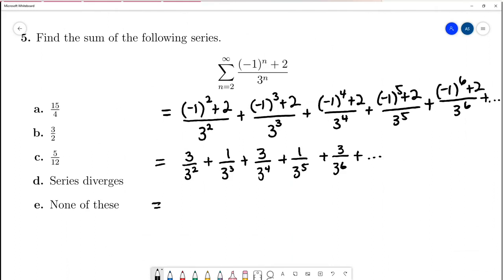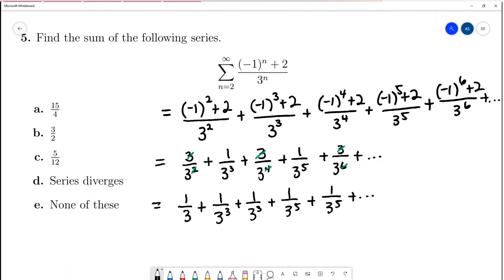So if we simplify, we've got a common factor of 3 that we can cancel out here. That would give 1 over 3 plus 1 over 3 cubed plus 1 over 3 cubed plus 1 over 3 to the fifth plus 1 over 3 to the fifth, and so on.